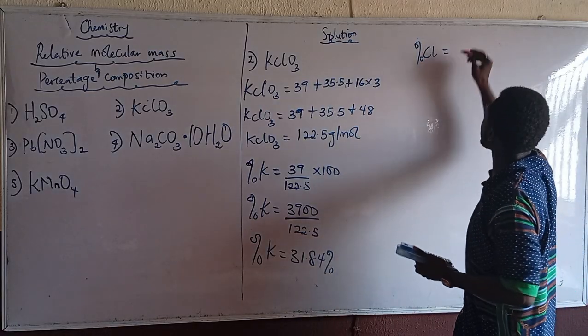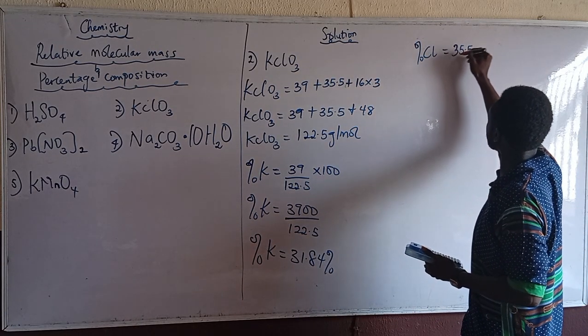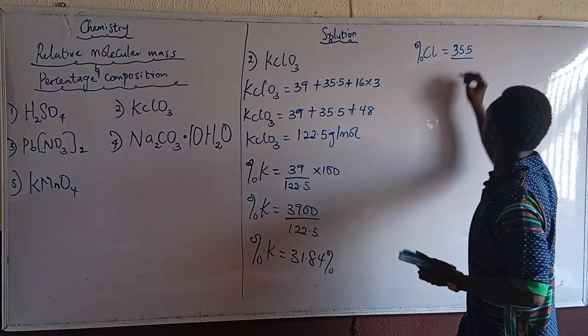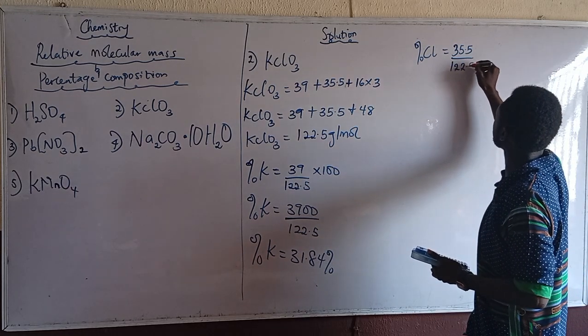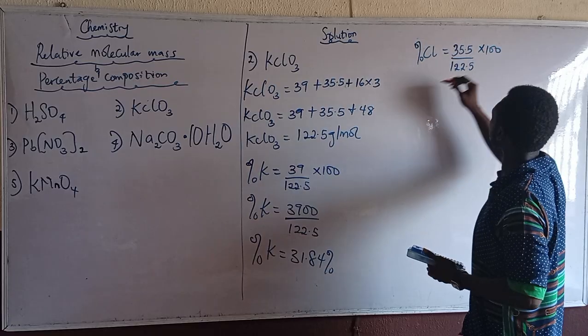So I calculate for chlorine, percentage composition of chlorine. Chlorine is 35.5 divided by the total, that is 122.5 multiplied by 100.